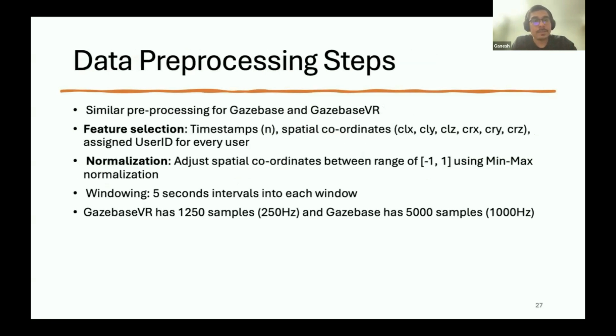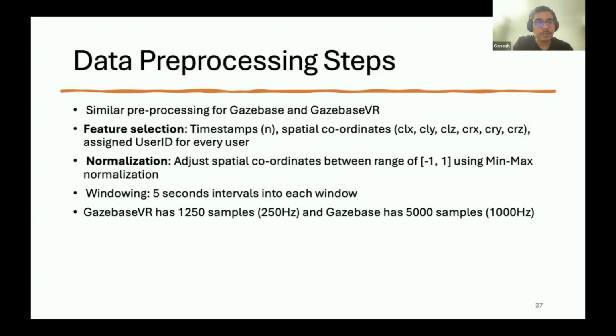And we used features of 6 spatial coordinates, which are the XYZ coordinates of the right and left eyes, and timestamps, and the user IDs. Then we normalized the data between -1 and 1.